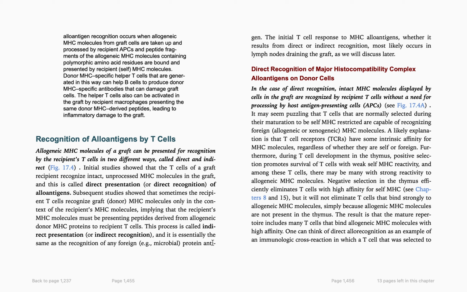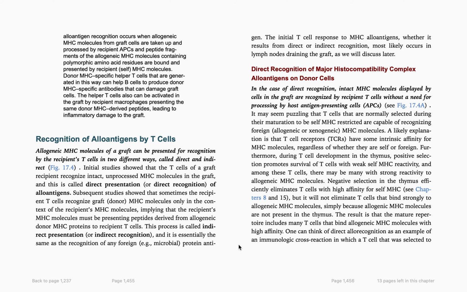This process is called indirect presentation or indirect recognition, and it is essentially the same as the recognition of any foreign microbial protein antigen. The initial T cell response to MHC antigens, whether it results from direct or indirect recognition, most likely occurs in the lymph node draining the graft, as we'll discuss later.